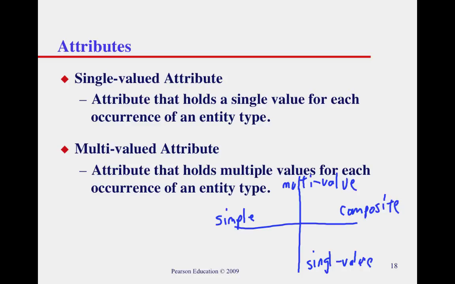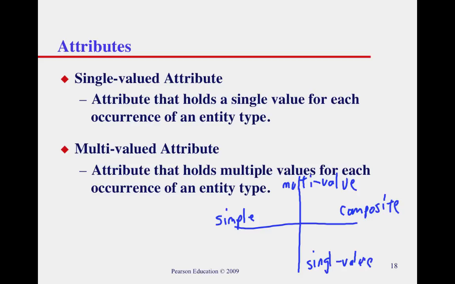You could have 0 children. You might have 15 children. I know that's rare, but not impossible. And remember, the way we had to handle multi-valued attributes in a relational model was with relations.